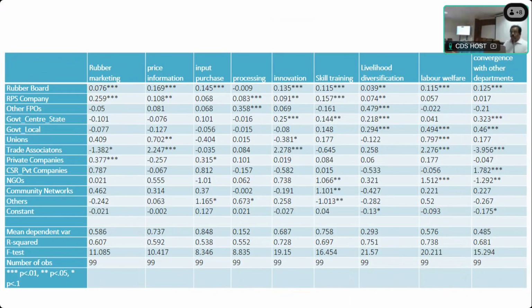Across the chain, except for processing, which is quite surprising, the rubber board is consistently the important body for any RPS to do any activity.